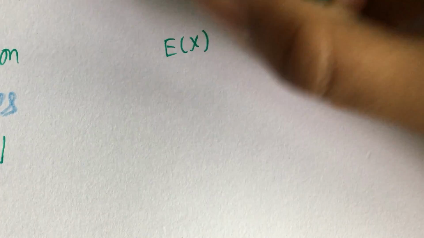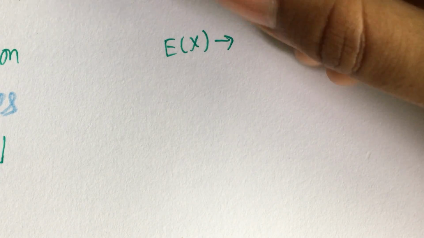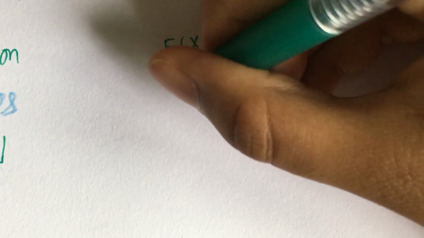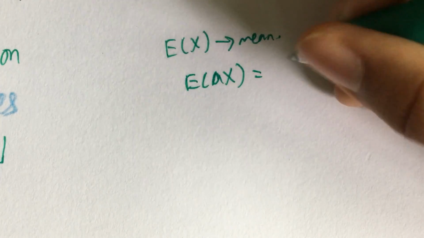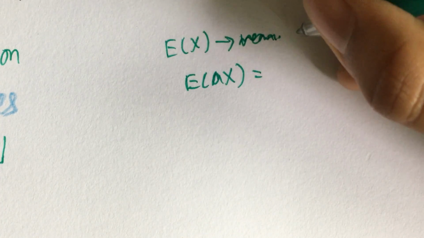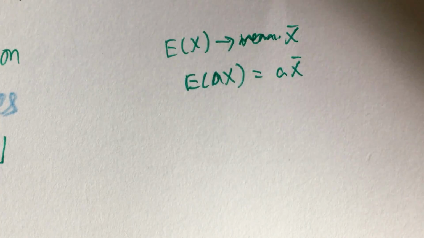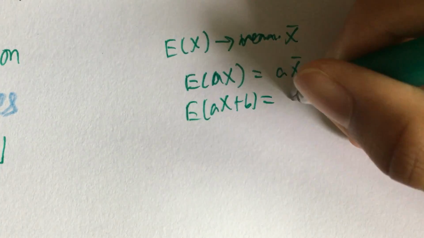For example, if you're trying to find the expected value of ax plus b, you just times the expected value of x by a and then plus b to it. It's very straightforward. Just follow what's written in the expected bracket.